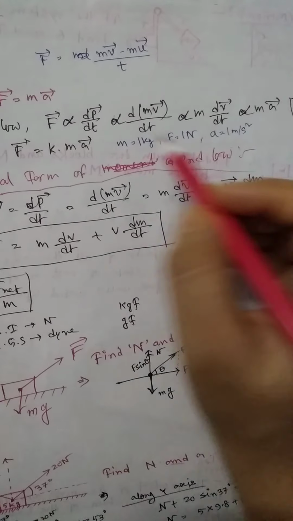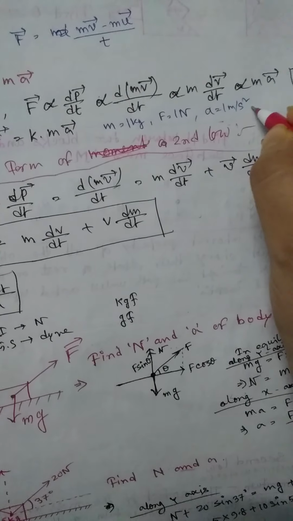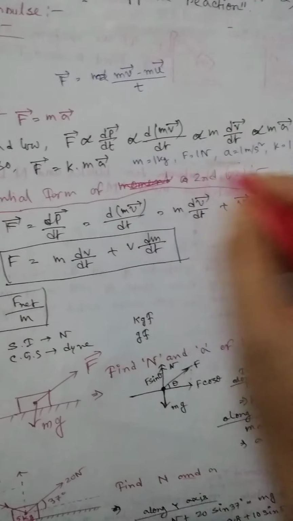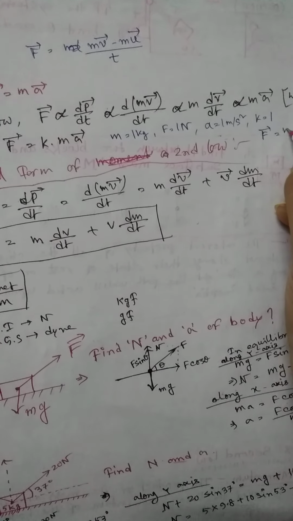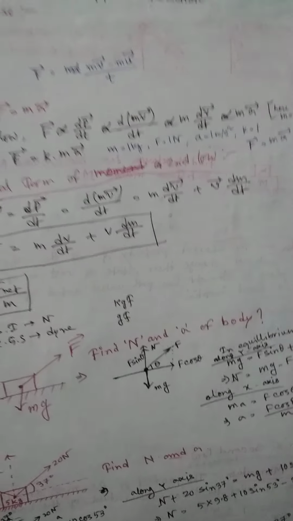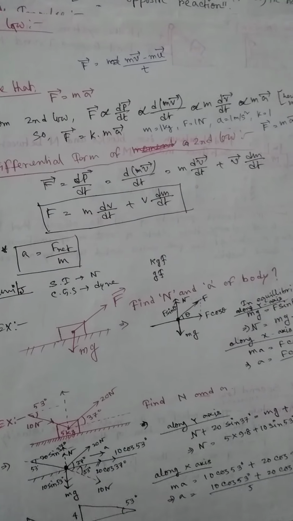So if we put all these values, we get k equals 1. So if k equals 1, then the final equation is F vector equals m into a vector. Next one, the differential form of the second law.